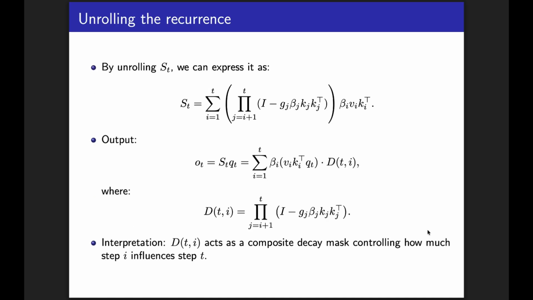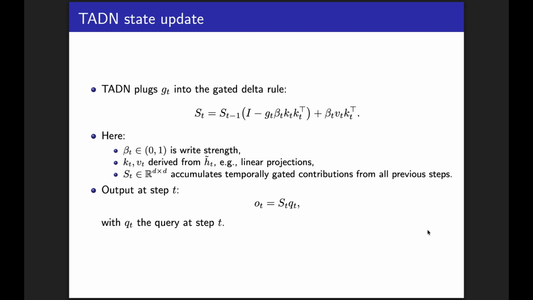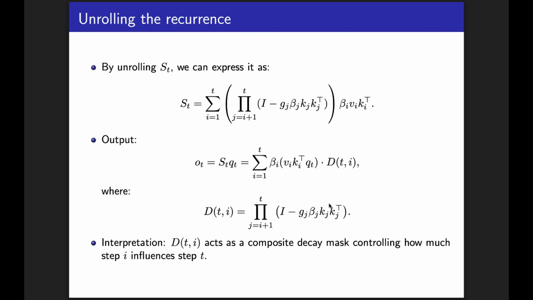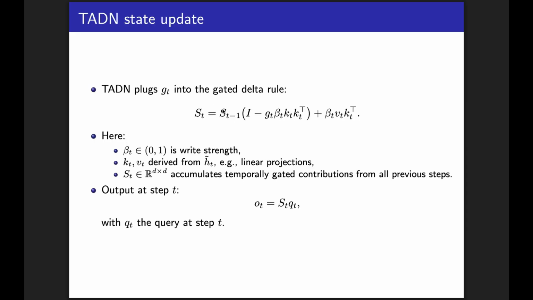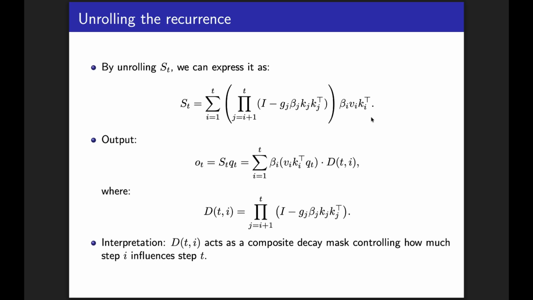Right, so this slide is simply the previous one, just written in a different way. Why? Because I want to let you see the state S from a different angle. If we unroll the previous state S of t minus 1 multiplied by this decaying factor, plus the product, what we get is that this decay factor becomes like a decay mask.